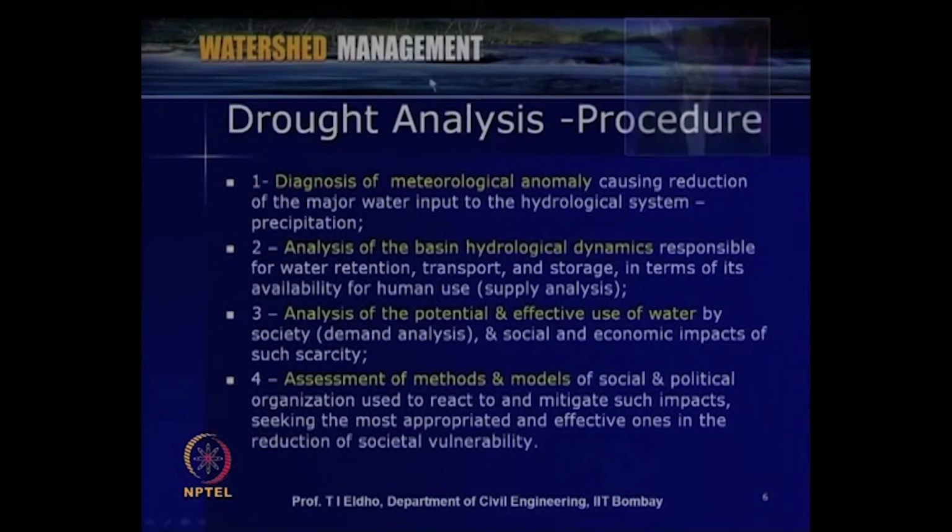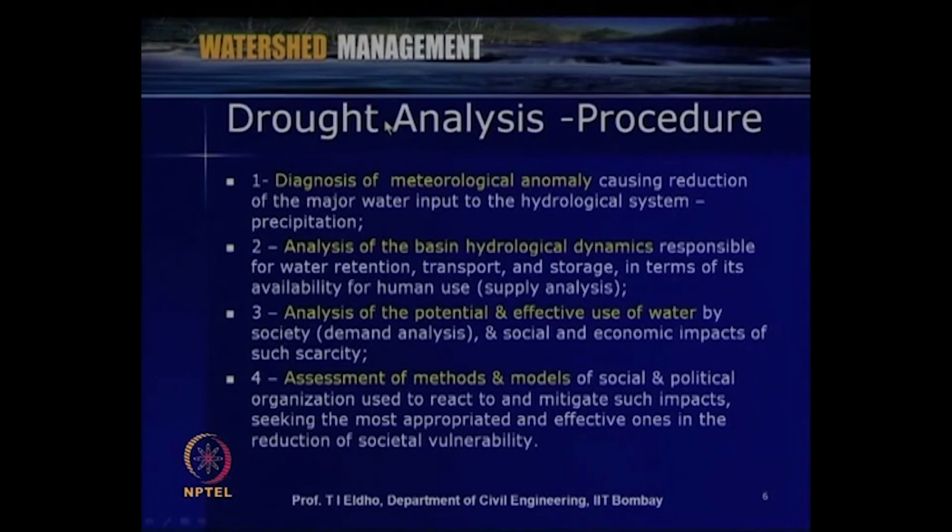Now, when we look into drought analysis, we have to see the various aspects of the drought for the particular area. The generally used procedure I have put in 4 steps. The first one is the diagnosis of meteorological anomaly causing reduction of the major water input to the hydrological systems, that means generally the precipitation or the snowfall.